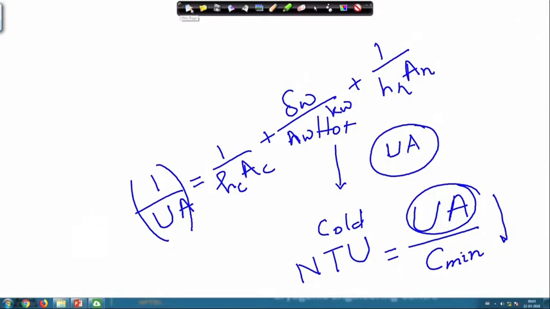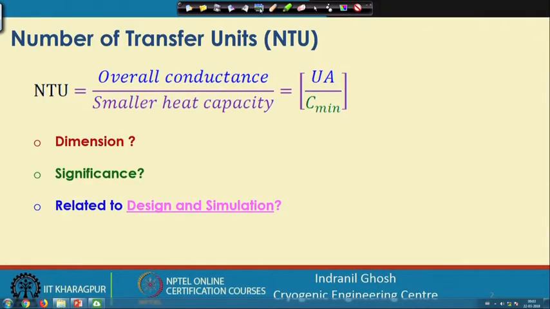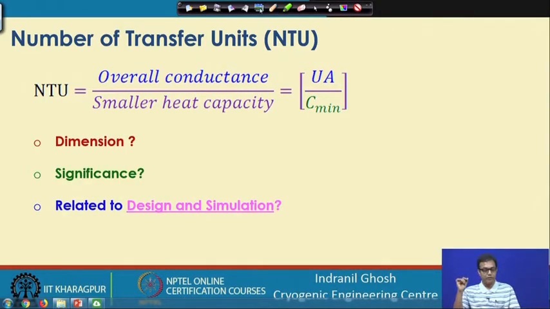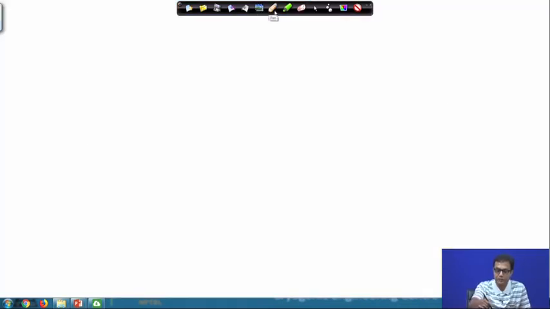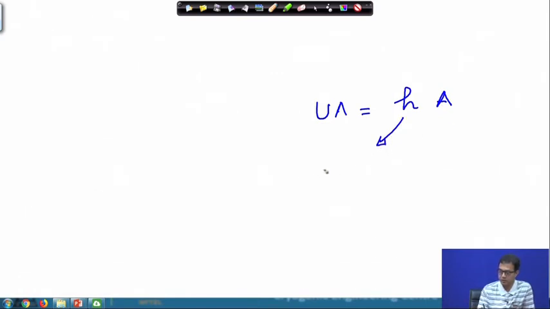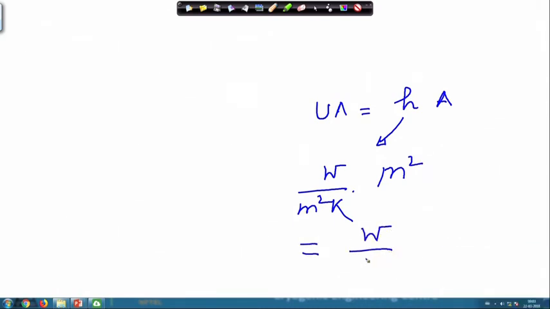Now, if we look into the overall dimension of this number, it is very easy to find out. UA is basically the dimension of H and A. H is the heat transfer coefficient, watt per meter square Kelvin, and A is area in meter square. So, overall this is watt per Kelvin.